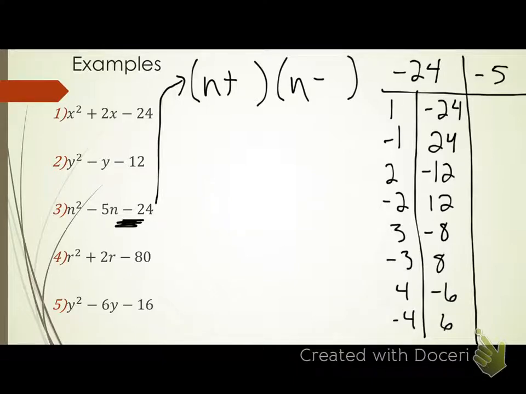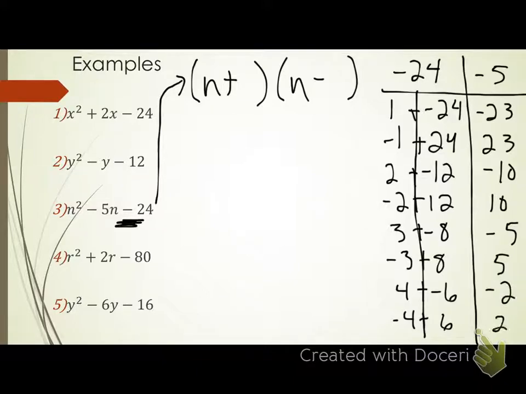Is that all of them? All right. Start adding. Is everyone okay if I kind of add through these pretty quick? So I get negative 23, positive 23, negative 10, 10, negative 5, 5, negative 2, and 2.